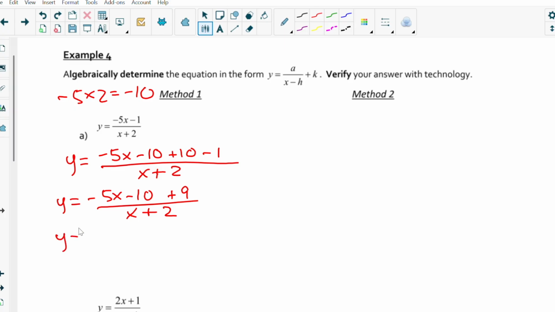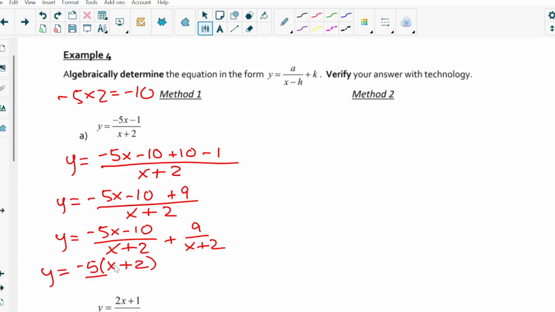And then now if I split it up, watch what happens: negative 5x minus 10 divided by x plus 2, and then plus 9 over x plus 2.